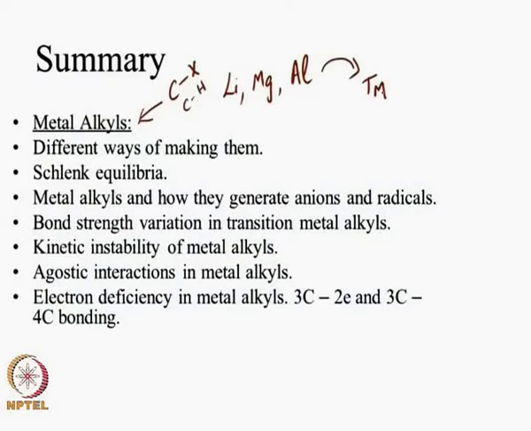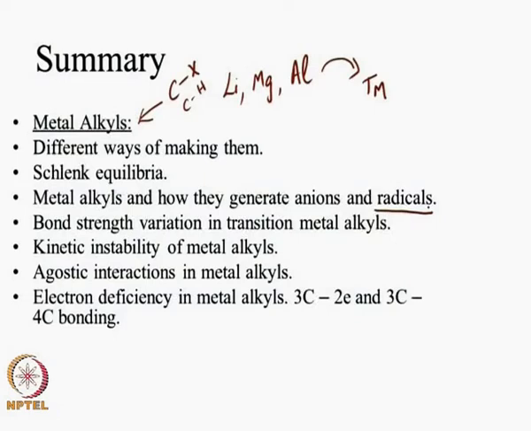In general, metal alkyl species, especially Grignards, can be stabilized with coordination of an ether molecule or an amine, and that makes them quite stable and less reactive. Metal alkyls occasionally generate radicals, so one has to watch out for radicals in solution, because radicals in turn initiate radical type reactions.